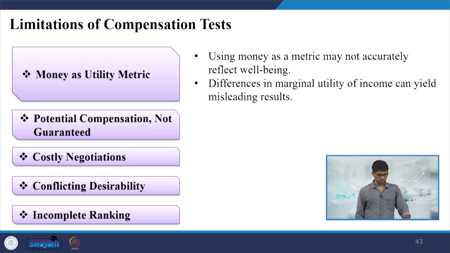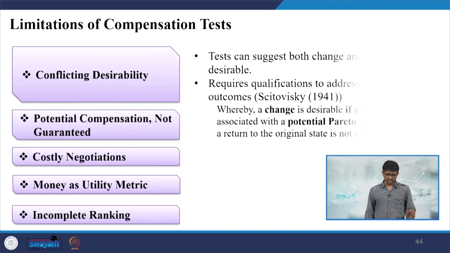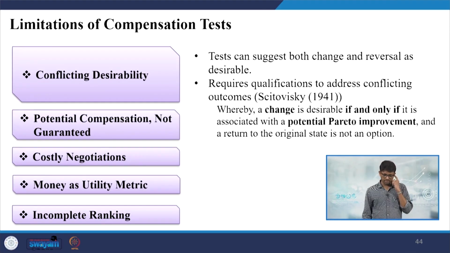so far as money as utility is concerned. The conflicting desirability related limitation of the compensation test is presented here. The test can suggest both change and reversal as desirable.